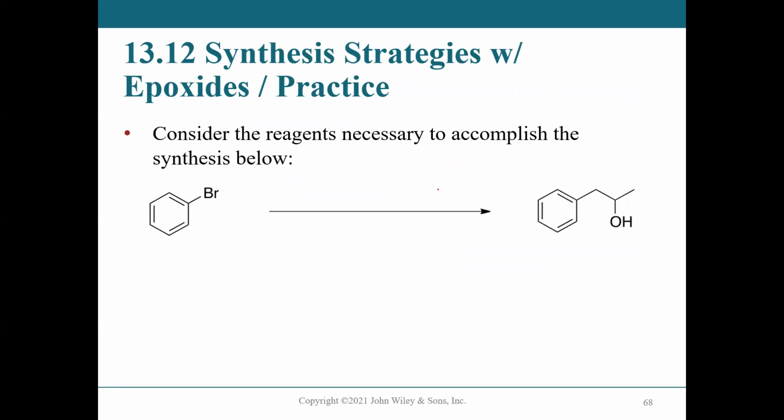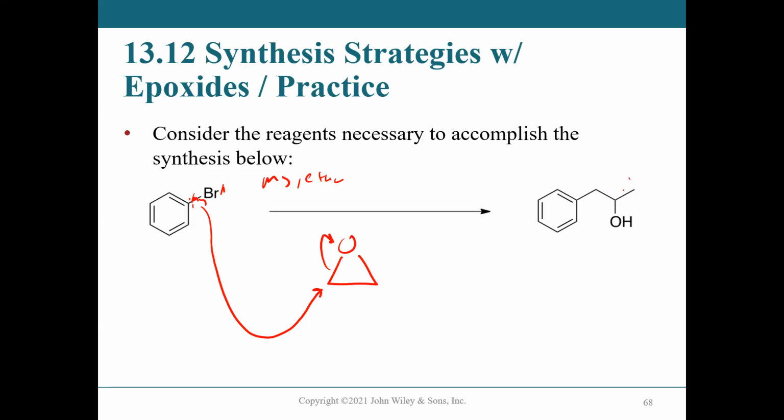It says, consider the reagent necessary to accomplish this synthesis below. So you get over here, we think we're talking about an epoxide, so you're going to probably have an epoxide. And you'll probably want to use some type of Grignard reagent. So we can insert that. Now we have this ring opening here. This will be released.